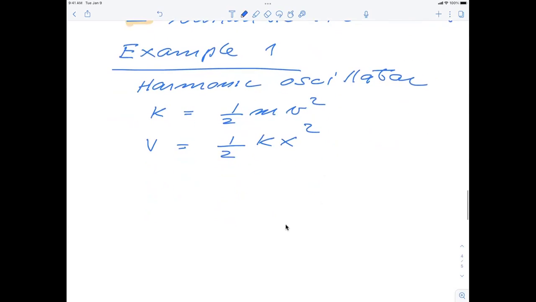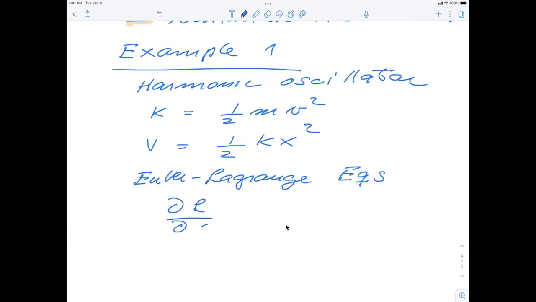So let's now use the Euler-Lagrange equations. And that simply says that we have the partial derivative of L with respect to x, which we need to calculate.